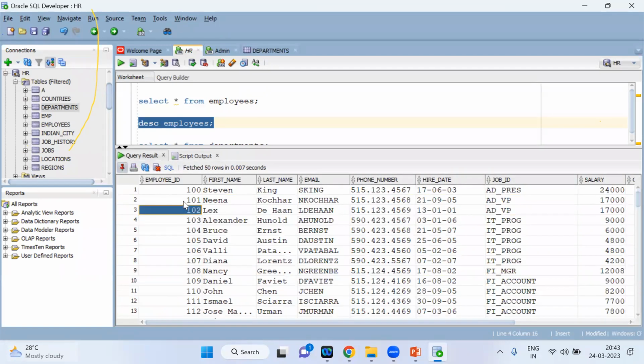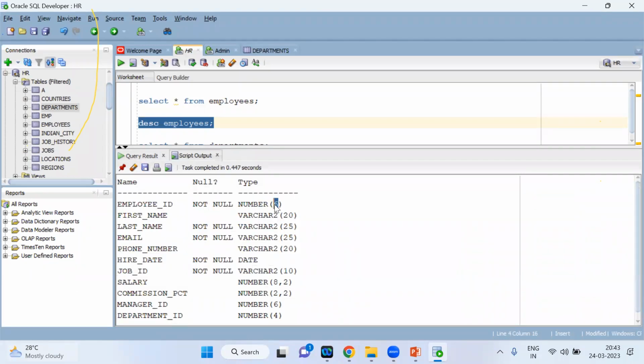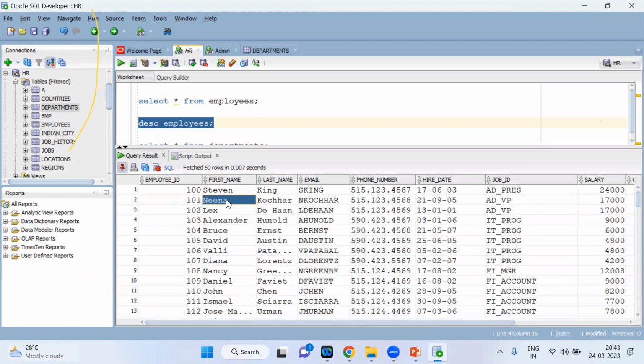Here you see 3 digits, 100. Up to 6 digits you can store. For first name, you see varchar2. Varchar2 is a string. How many characters can you store here? 20 characters. Now see, 1, 2, 3, 4, 5, 6, 7, 8, 9 characters are there.